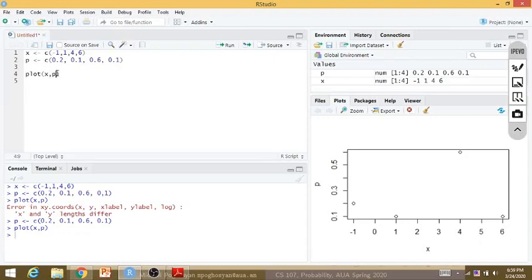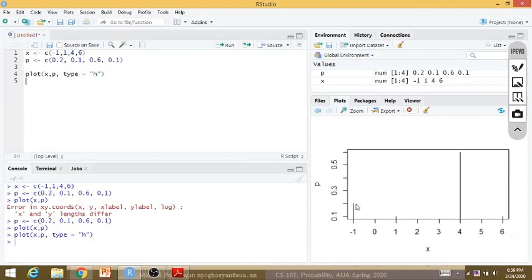People usually draw this with lines, so I want to have horizontal lines. So the type of my plot is h, for horizontal. So I have lines with corresponding heights.